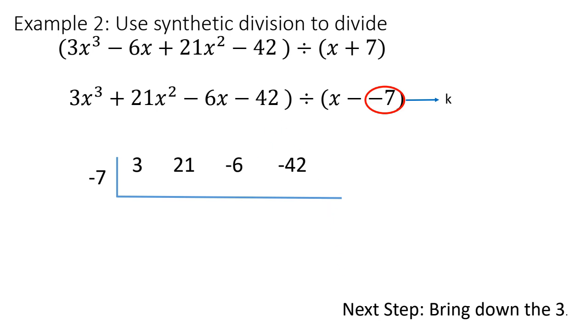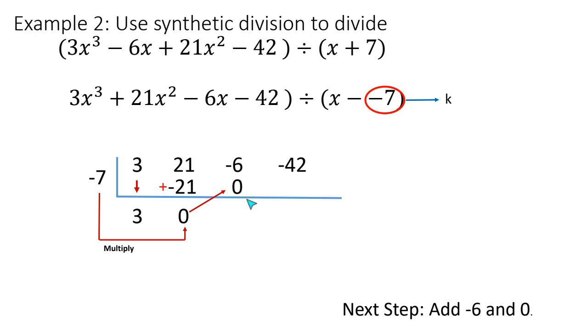Then we're going to bring the 3 down and multiply it times negative 7. So we get negative 21. Plus 21 would give us a 0. And then 0 times negative 7 is 0. Add to the negative 6. So we get negative 6 times negative 7, 42.